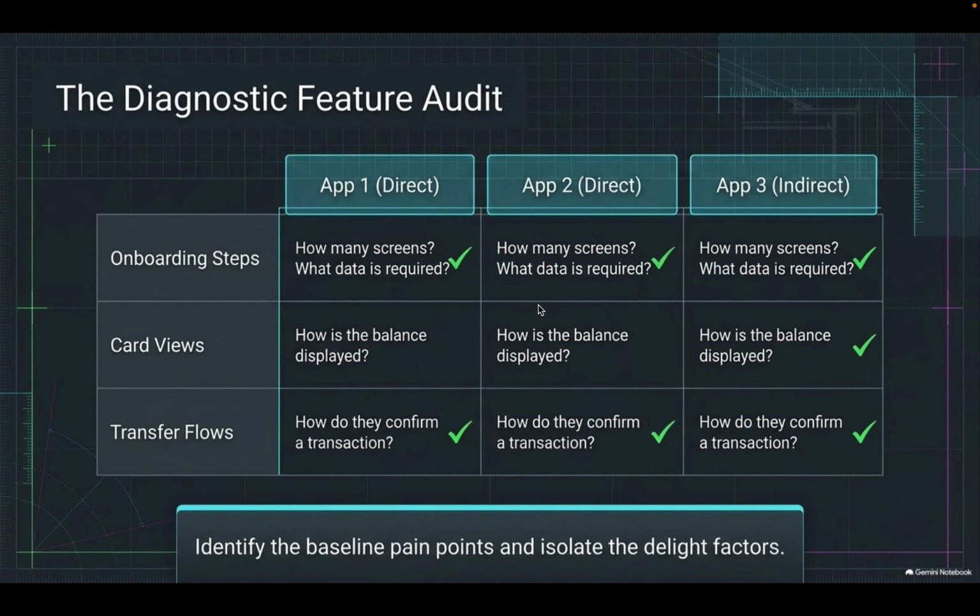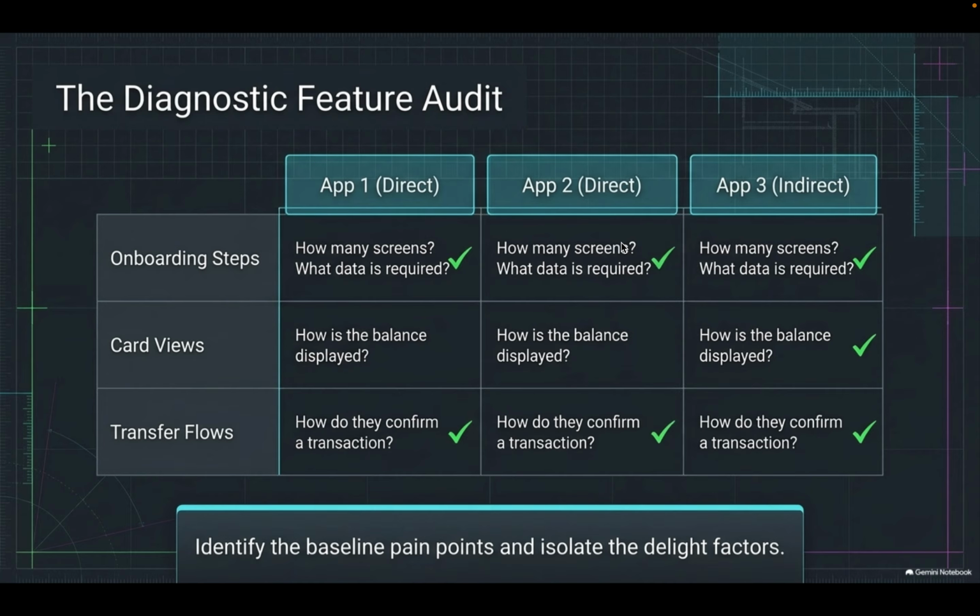Then the next thing we're going to talk about is diagnostic feature audits. You have different apps: app 1, app 2, and app 3. Let's say app 1 and app 2 are direct competitors, in your ecosystem, and app 3 is indirect, not directly in your ecosystem.